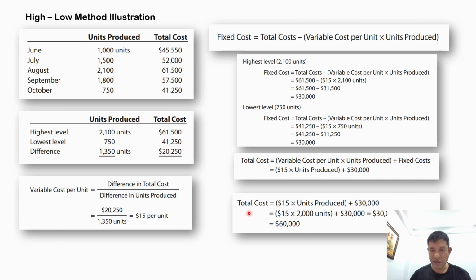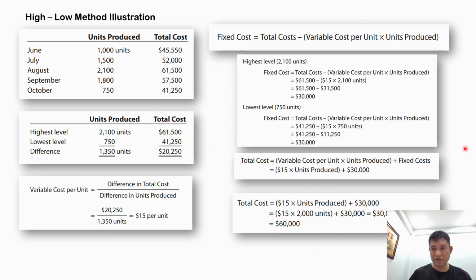So this is the computation. Total cost is equal to the variable cost per unit, which is $15, times 2,000 units, plus $30,000, which is the fixed cost, and this will be equal to $60,000. So this is how the high-low method is done.